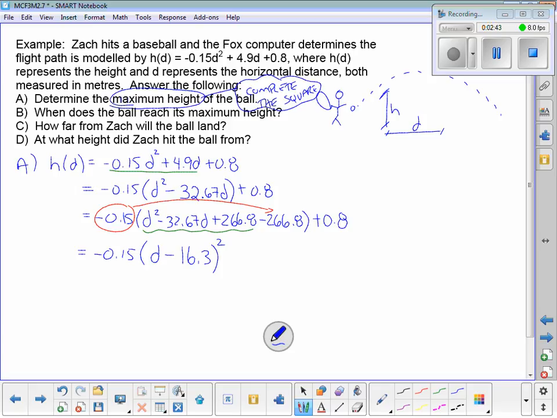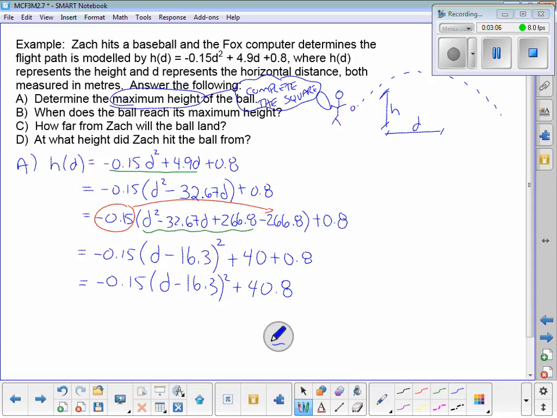So negative 0.15 times 266.8, negative. Then we get plus 40 plus 0.8. Final step: negative 0.15 times D minus 16.3 squared plus 40.8.